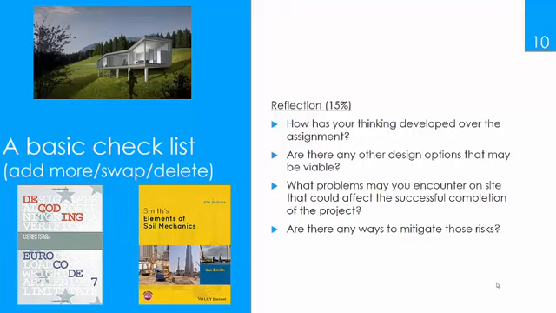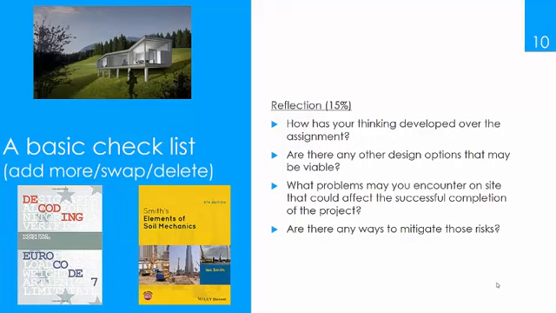What problems may you encounter on site that could affect the successful completion of the project? Again, about your preference, you can link this to the location that you choose.